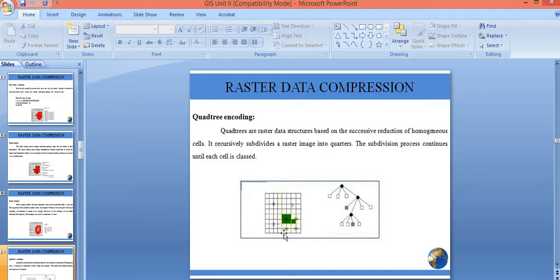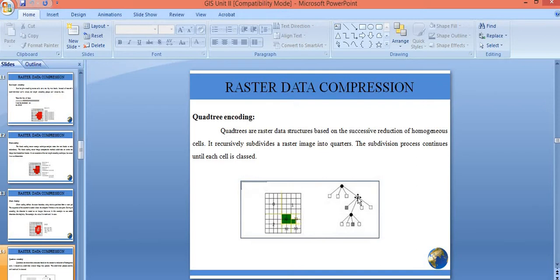Now you have to split this part into 4 parts. Since you are splitting into 4 parts, you have to represent it as a subtree. Earlier we represented by using leaf nodes, but here you are representing it as a parent node.